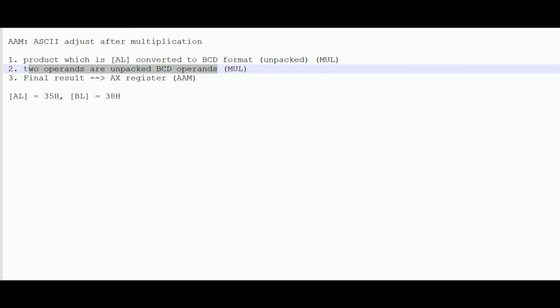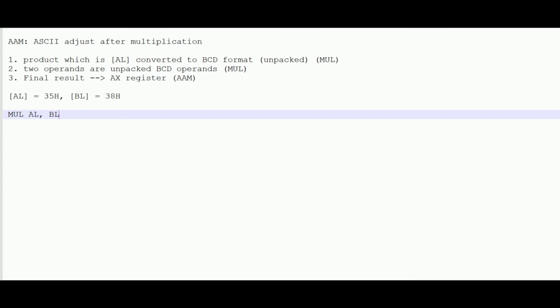So for the MUL instruction, that is when we give MUL AL, BL, we should ensure that the two operands AL and BL are unpacked BCD operands. So how will we convert the content of AL and BL to unpacked? AL and BL should contain only 5 and 8H.